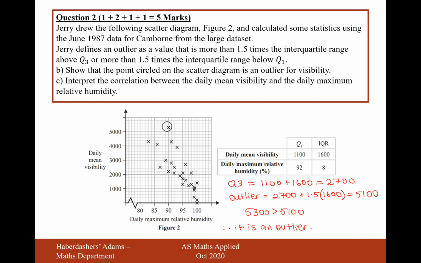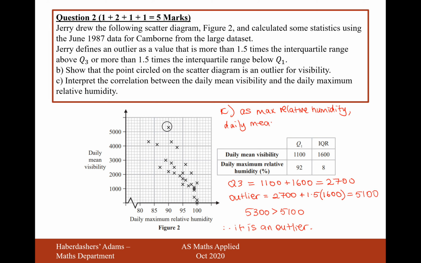Okay, so there we are, that's the answer to part B. Part C, interpret the correlation between the daily mean visibility and the daily maximum relative humidity. Well, the answer to part C is as maximum relative humidity increases, the daily mean visibility decreases, because it has negative correlation.